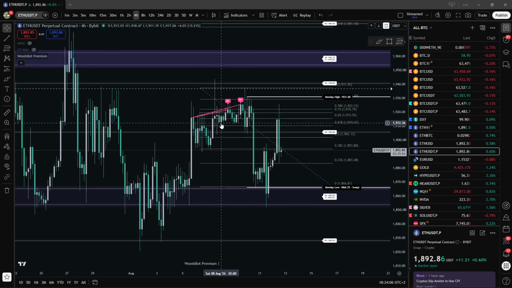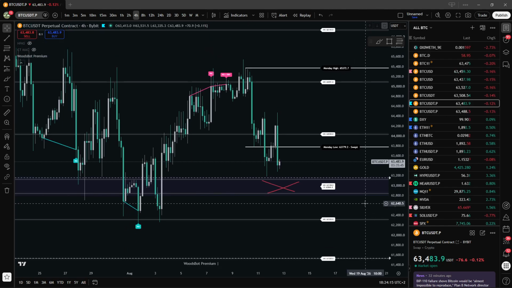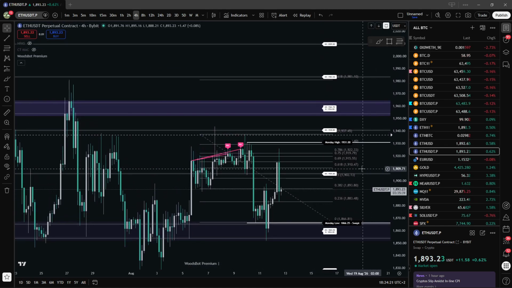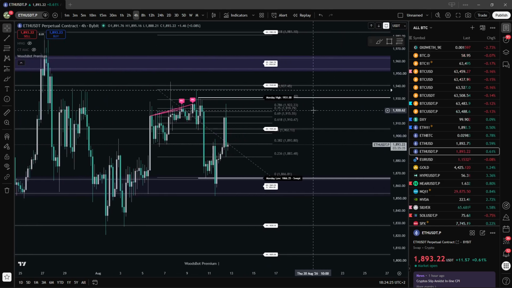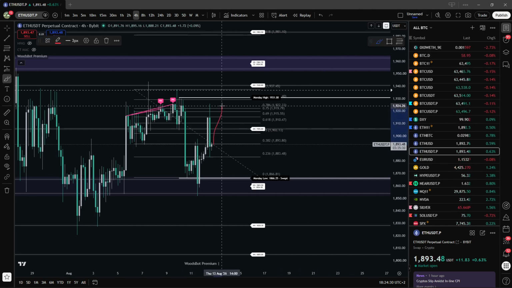Ethereum actually managed to close above the Monday range low, right? If you look at Bitcoin, it accepted back below the Monday range low. Meanwhile, Ethereum actually accepted back into the range again. So for Ethereum, there's definitely potential to sweep the Monday range highs.